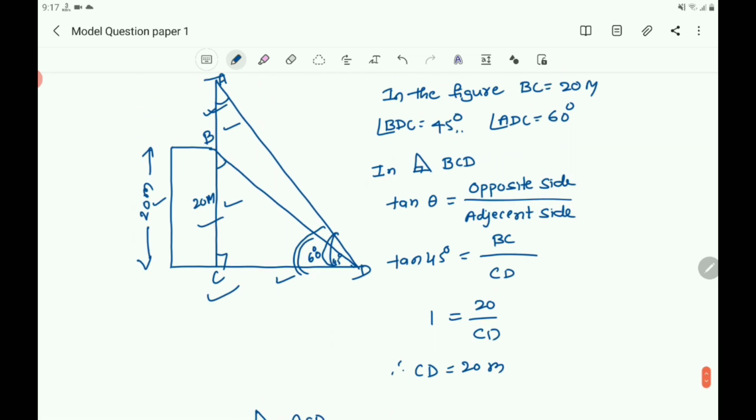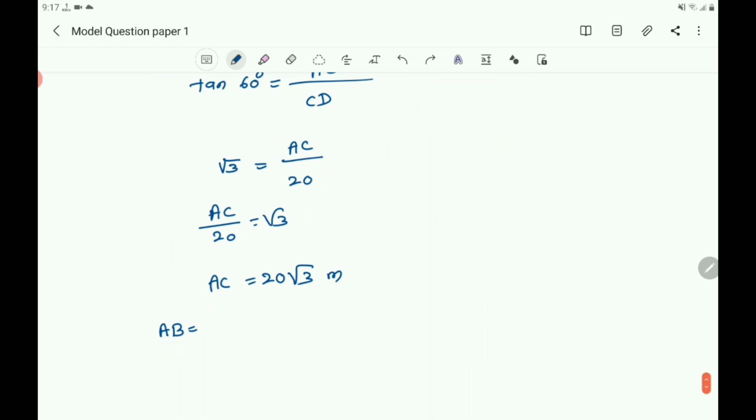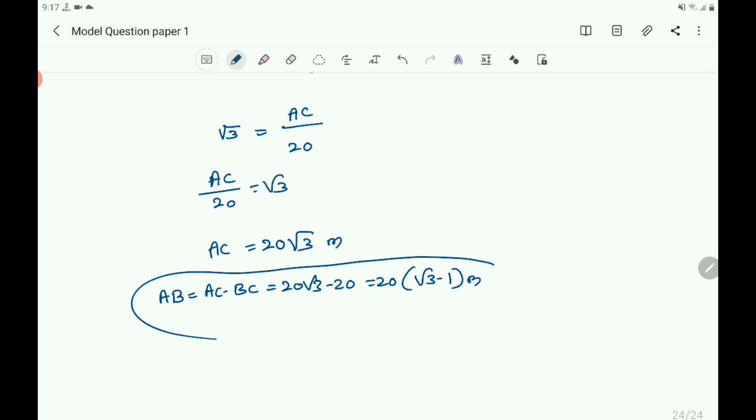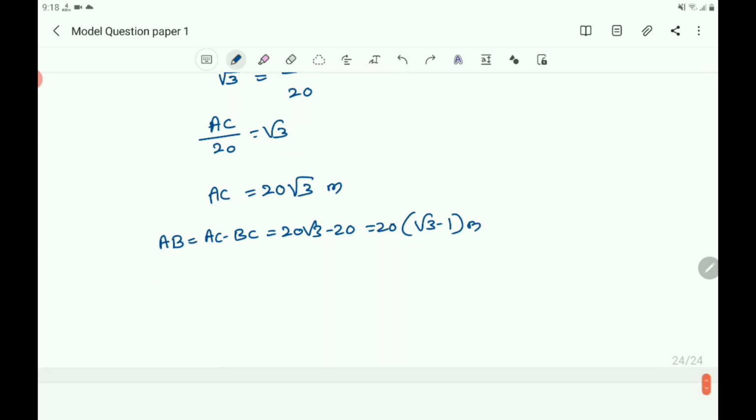Here AB is full AC minus BC, so you can have 20 root 3 minus 20. So you can have 20 into root 3 minus 1 meter. That is the length of the tower, and the height of the tower from the ground is AC equals 20 root 3.